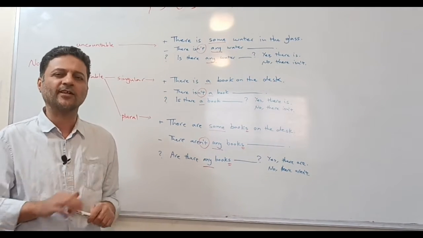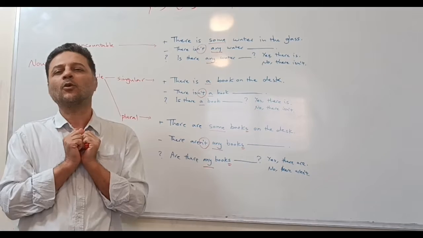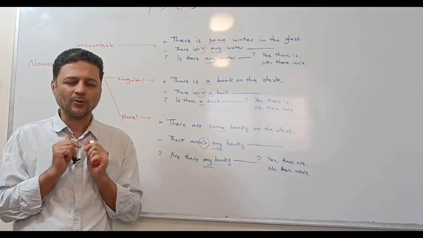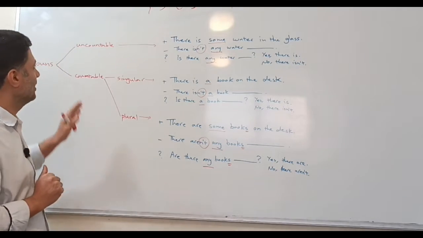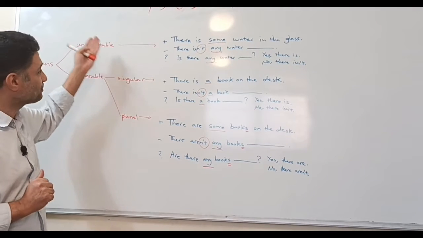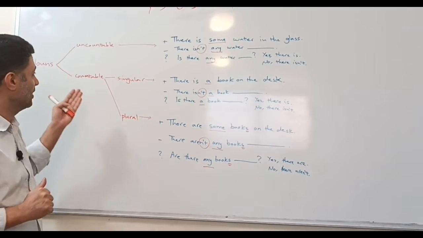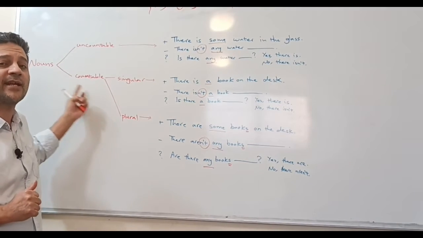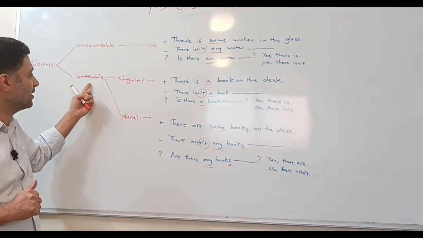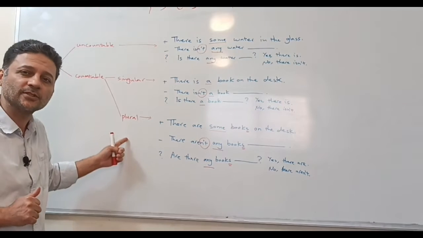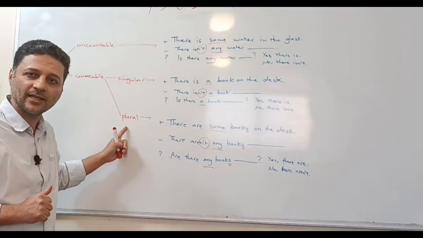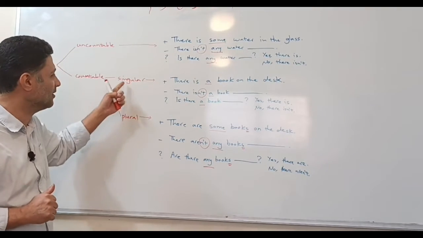If you notice very carefully, even in your own local languages, you discover that they are also uncountable nouns, right? Like water, the best example that I can give you. But there's also another branch of nouns that is called countable nouns. Countable nouns fall into two subcategories, singular and plural.